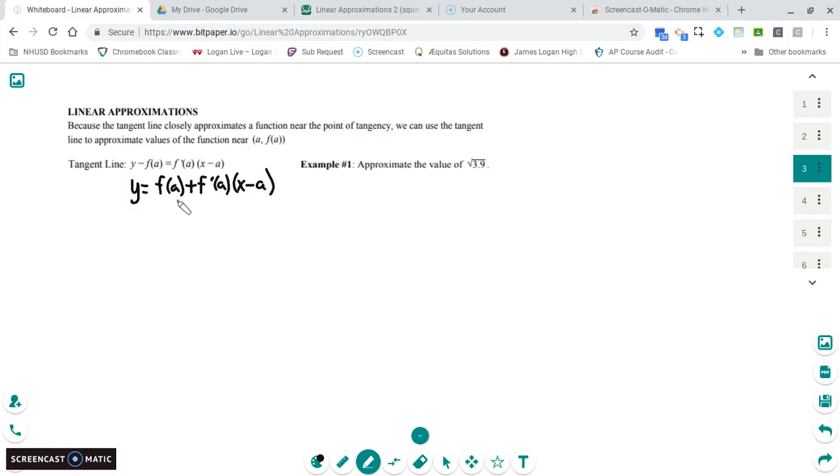All right, so a is the value, this is the tangent point. This is at x equals a, we are calculating the tangent line. So at a comma f of a, that's this point here, that's the point of tangency.